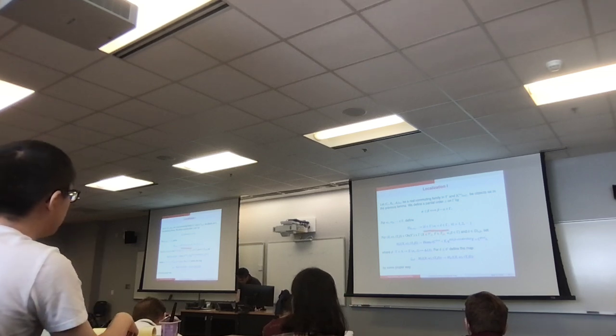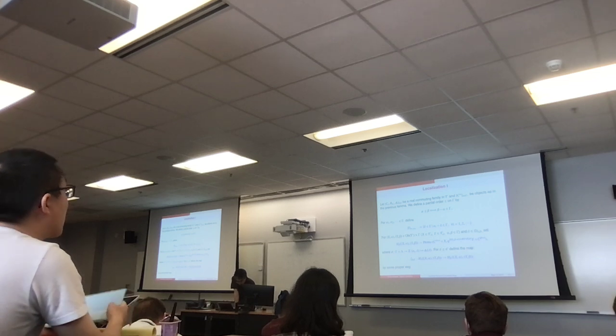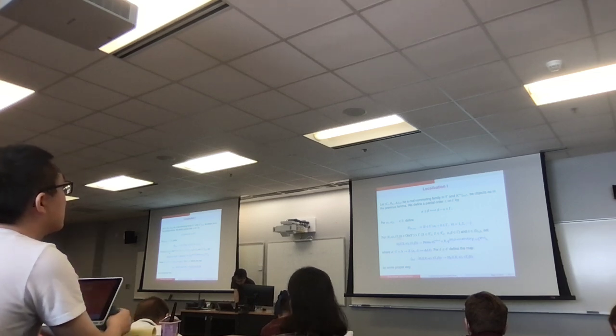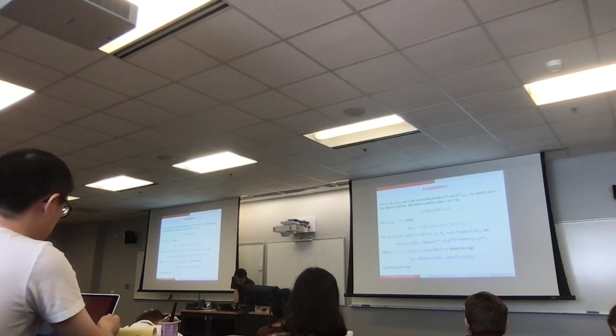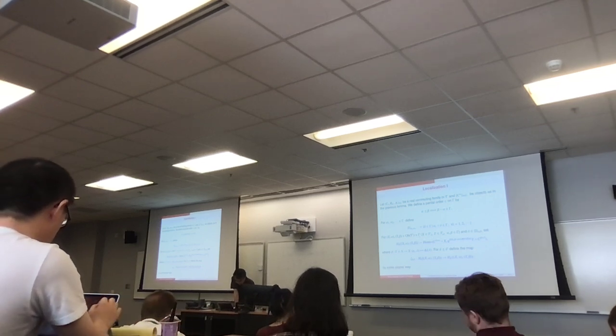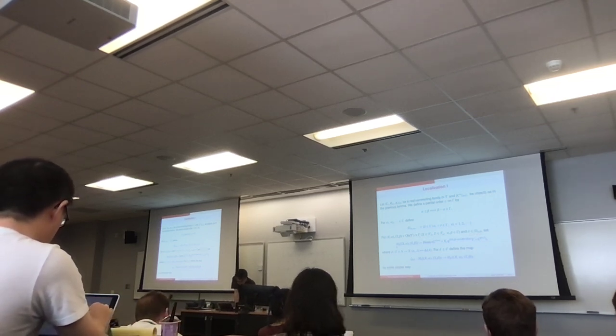Then we consider the two objects, the direct product object T times gamma and delta T. Their morphism is defined like this. It's really complicated.